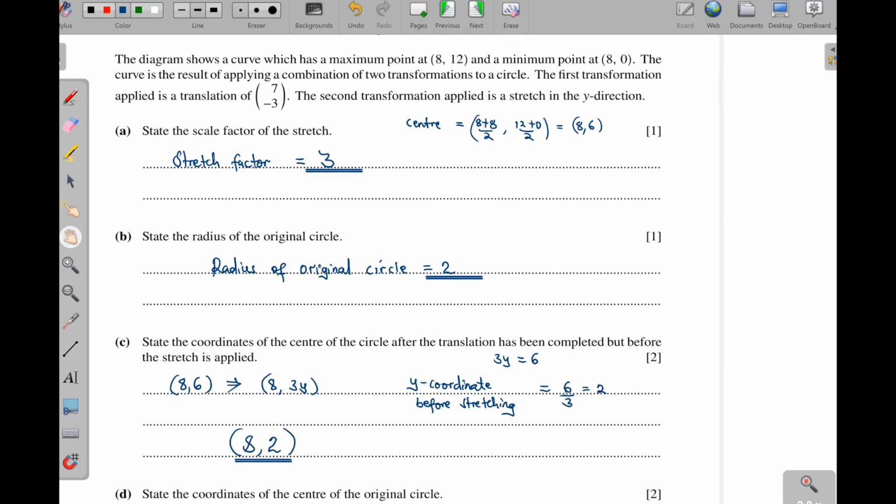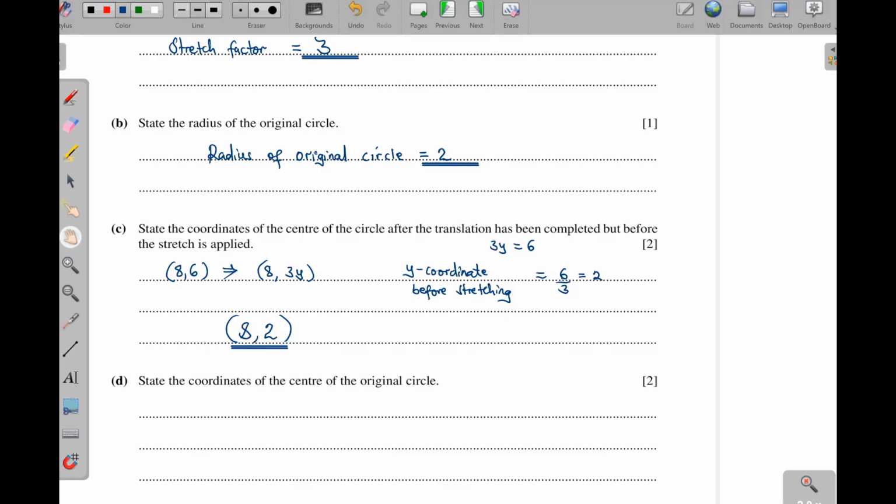Then part D, state the coordinates of the center of the original circle. Now there was a translation done. Okay, so we had an x coordinate and we had a y coordinate.